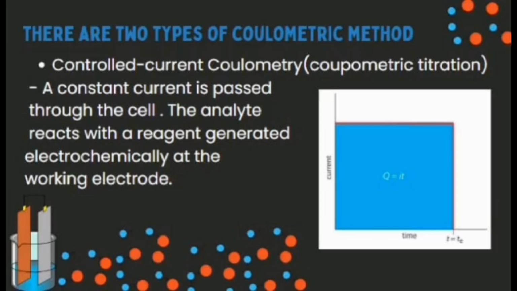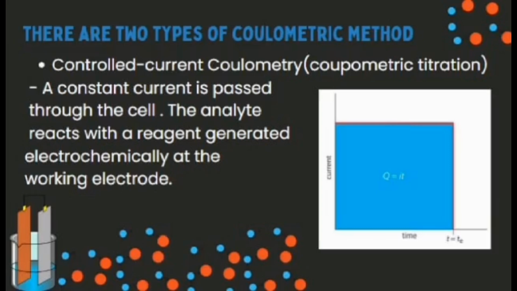Knowing the current and the time, we can use Faraday's law to calculate the exact amount of analyte present. This is because Faraday's law directly links the quantity of electricity, which is current times time, to the number of moles of electrons transferred, and thus to the moles of analyte.